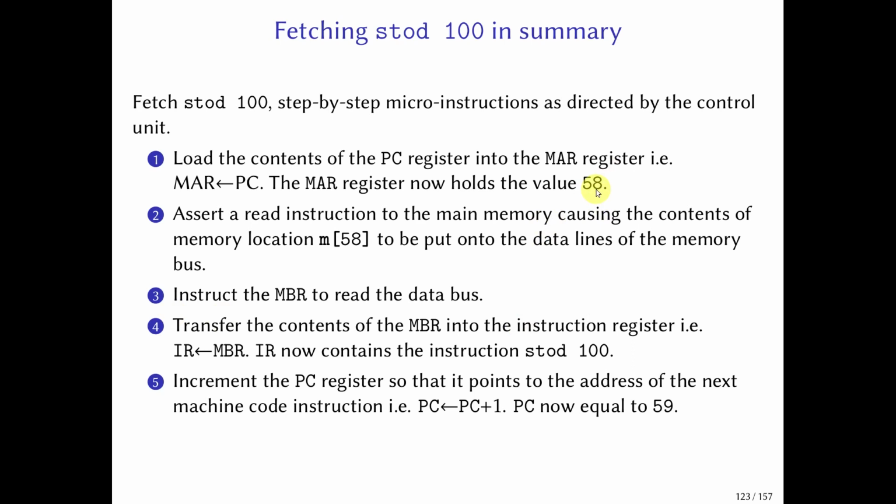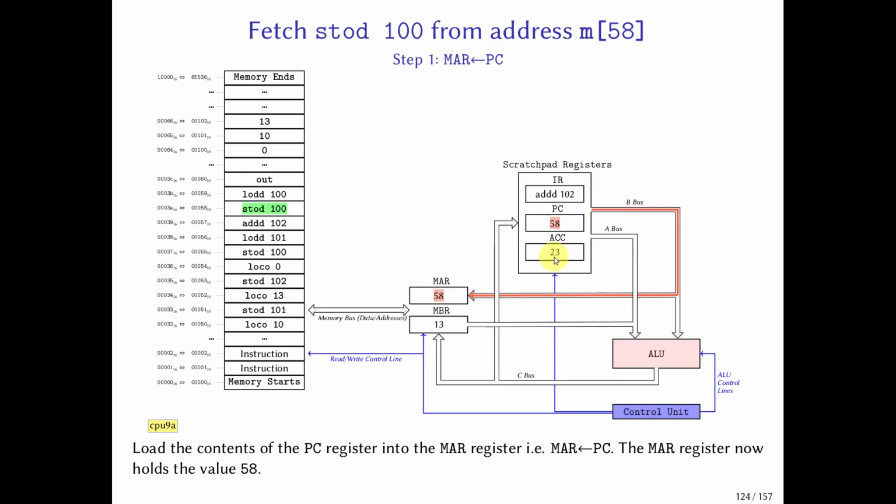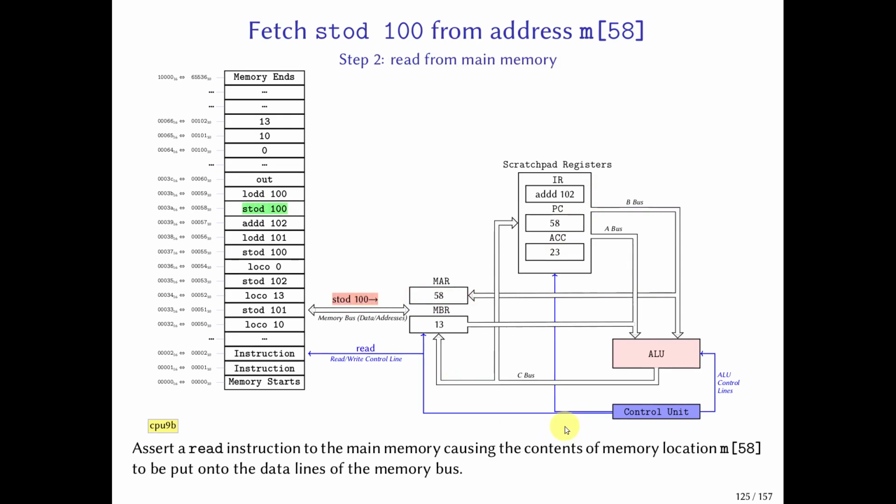So just quickly stepping through the animation part of the fetch, you can see that the value of the PC register is copied from the PC register to the memory address register. The control unit asserts a read to the circuitry of the main memory, and then after a period of time the circuitry of the main memory interacts with cell 58, and it causes the contents of cell 58 to be copied from the cell and out onto the memory bus, where it becomes an input to the CPU.